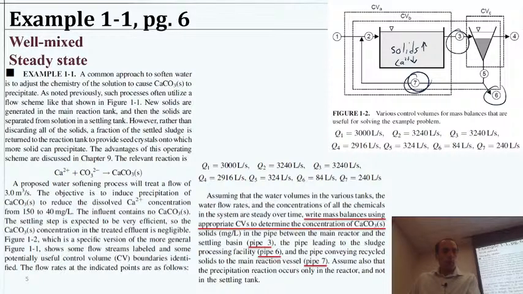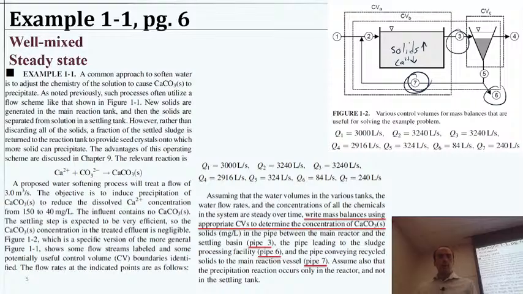The flow rates at the points indicated are as follows. It gives us 7 flow rates here. And then it says, assuming that the water volumes in the various tanks, the water flow rates, and the concentrations of all the chemicals in the system are steady over time. So that just gave us the steady state condition in each scenario.